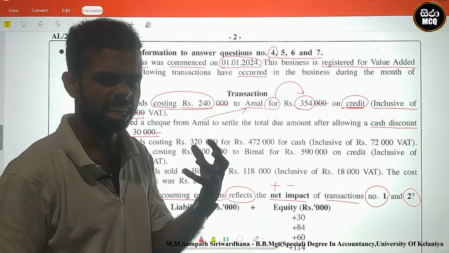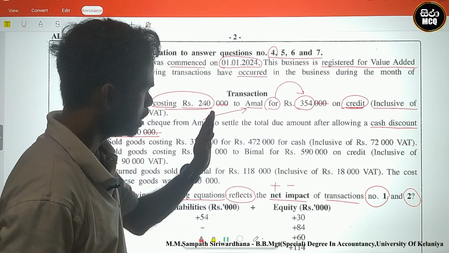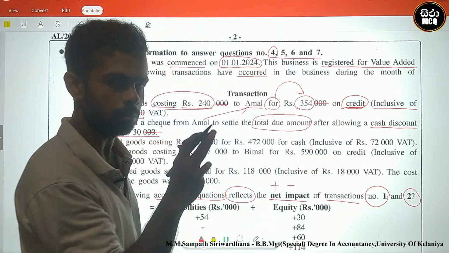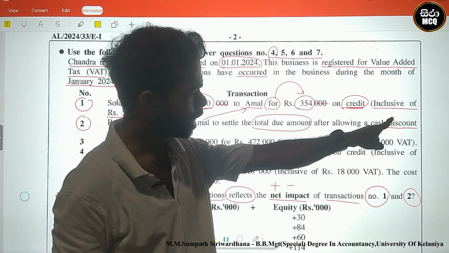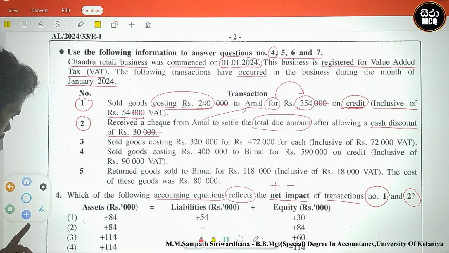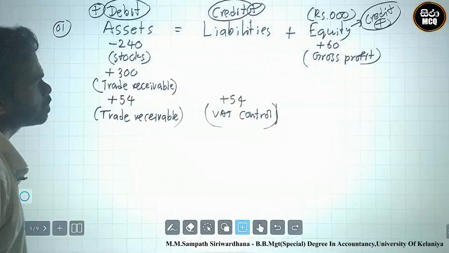Received a check. Check means cash, no? From Amal, settle the total due amount. He settled the total amount after allowing cash discount 30,000.